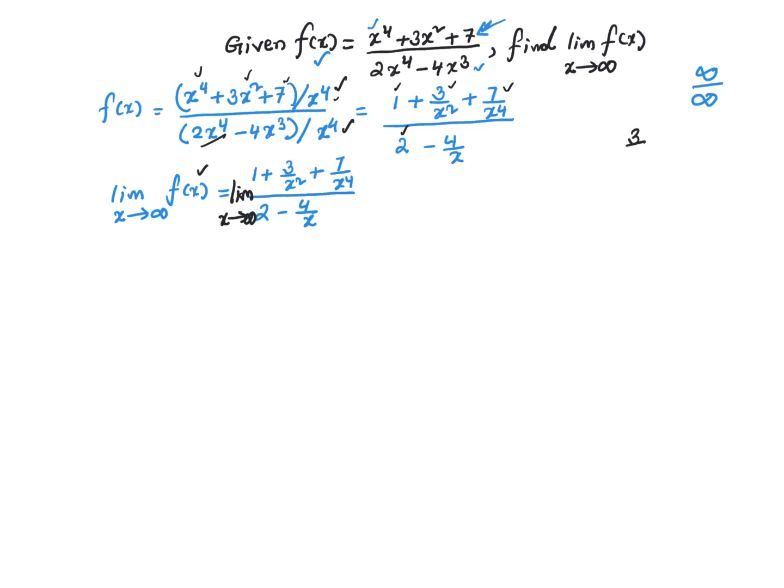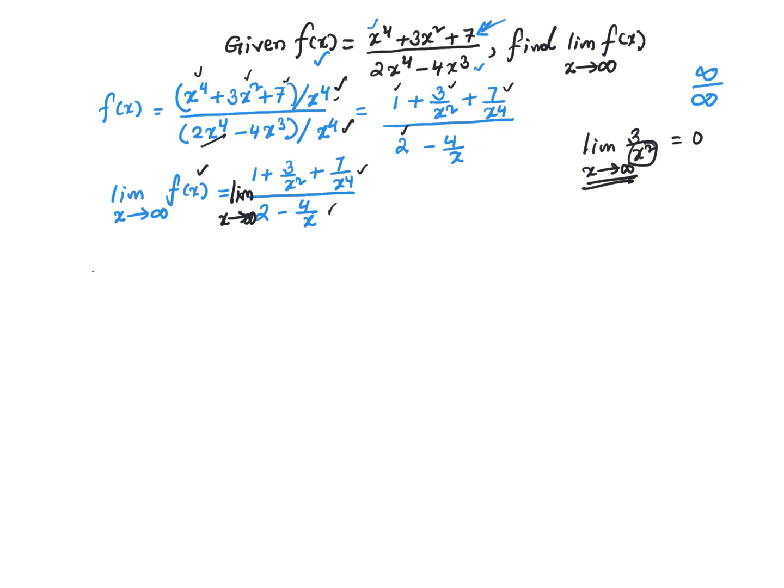Let's consider 3 over x squared. As x approaches infinity, you're going to get nothing but 0, because x squared becomes extremely large. 3 divided by an extremely large number gets closer and closer and closer to 0. And in the limiting case, the limit as x approaches infinity of 3 over x squared is nothing but 0. A similar argument can be applied for 7 over x to the power 4 or 4 over x.